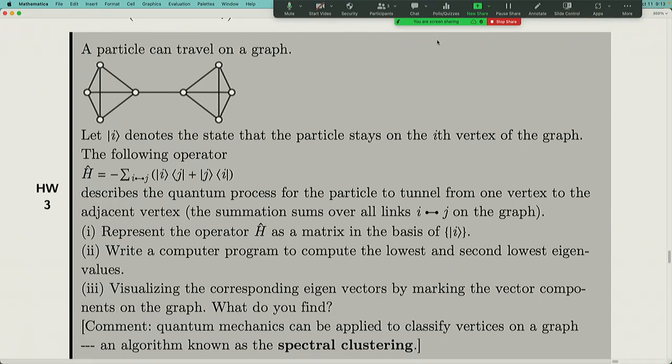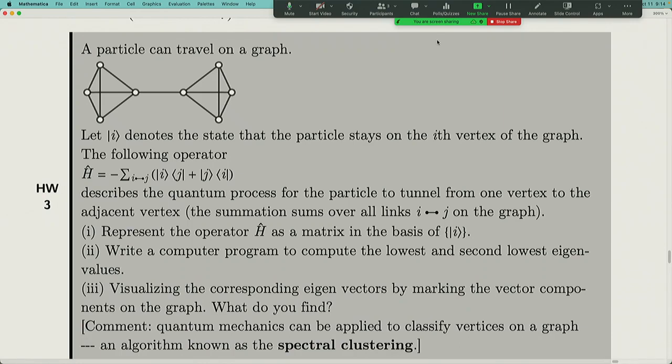Every eigenvalue corresponds to an eigenvector, right? So the lowest and second lowest eigenvalues correspond to two different eigenvectors, and try to plot them. I can tell you each eigenvector is an 8-component vector, and the components turn out to be real in this case.